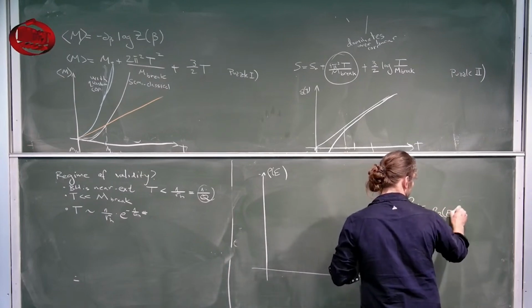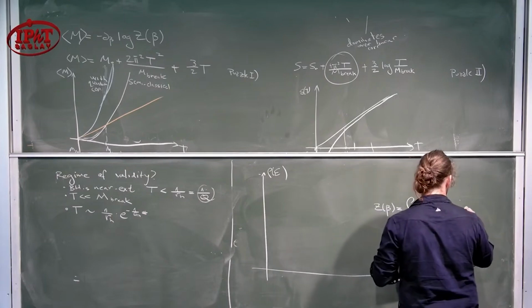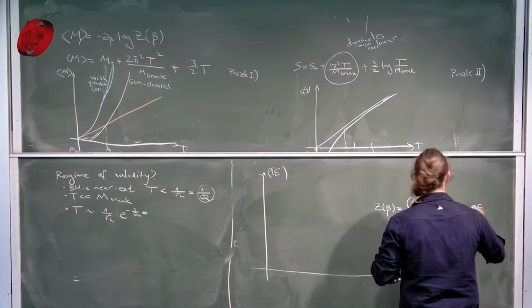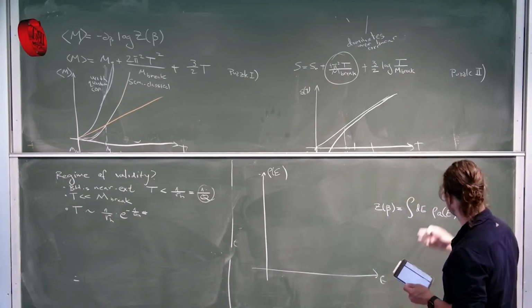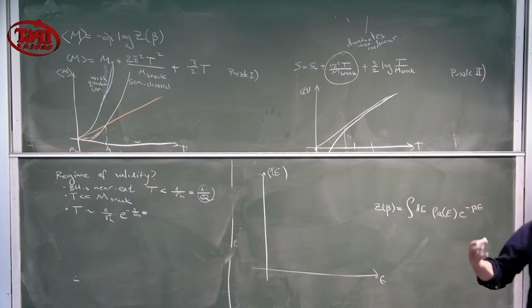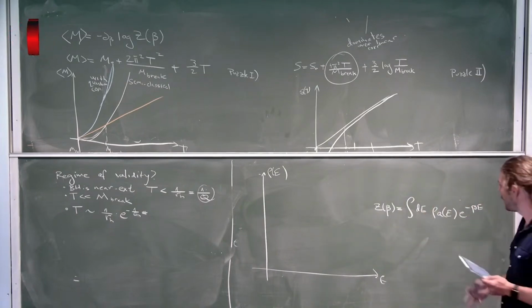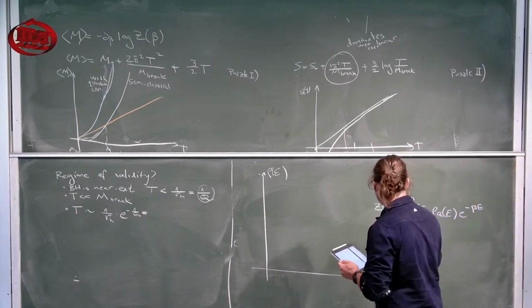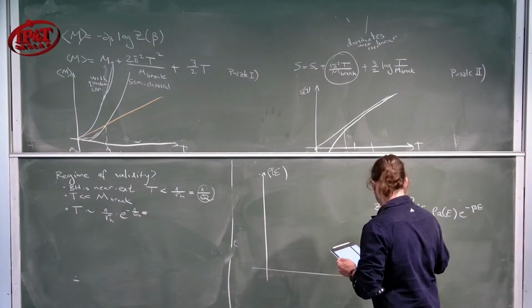So the density of states is defined by this relation. So we can take a Laplace transform of the very simple formula for the partition function that I wrote earlier. And what you find is a very simple formula for the density of states as well.